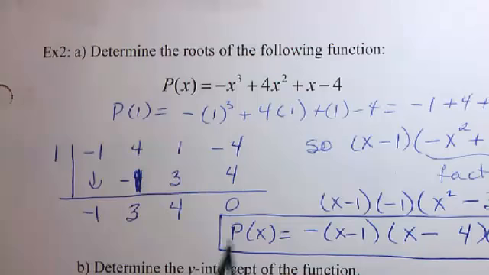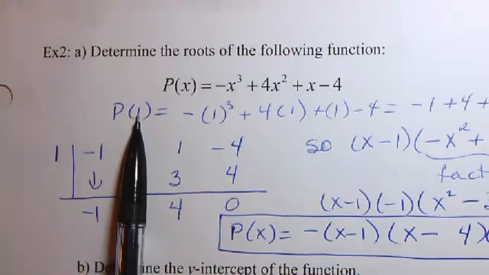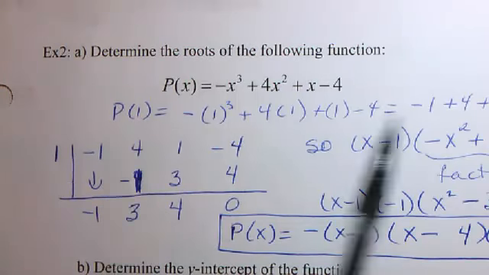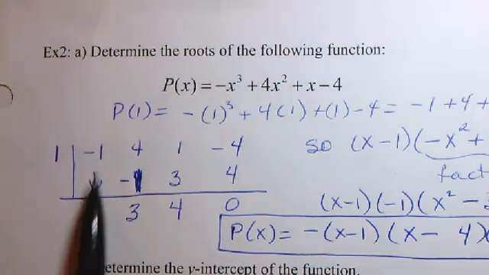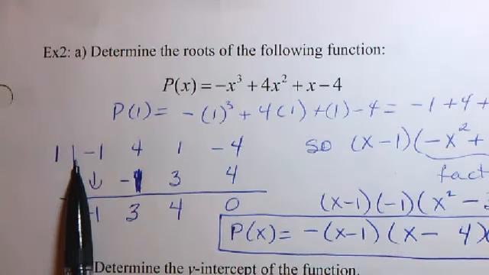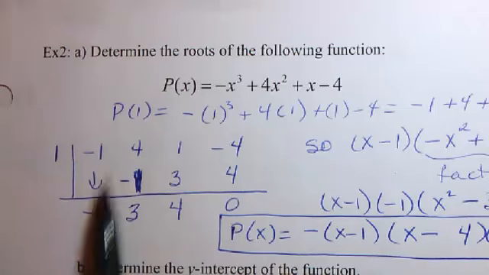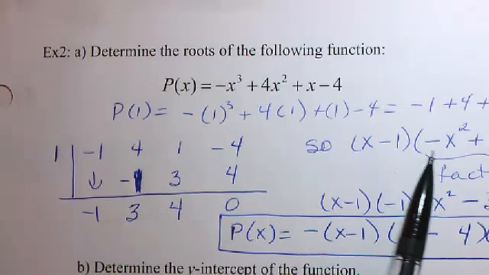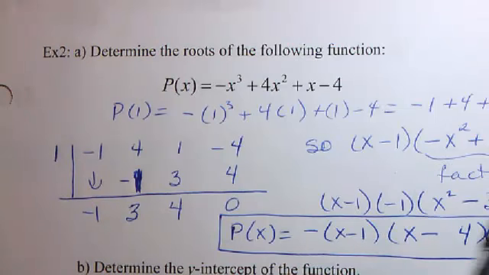All right, so I tested 1 to see if it would work, and it ended up giving me a 0. So I did my synthetic division here, and I found the rest of what it should be, and then I factored this, and so I've gotten everything.